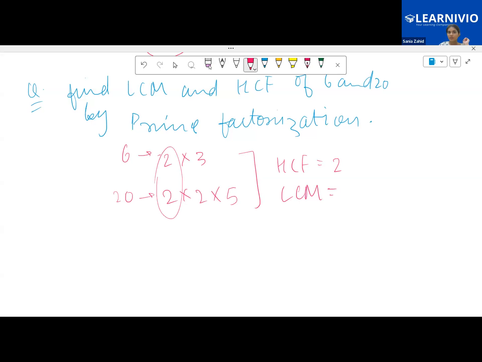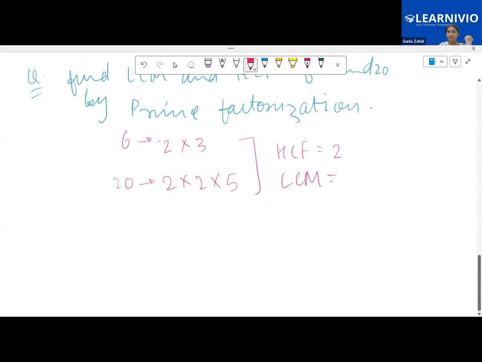But for HCF we took only one 2. Then why are you taking two 2s in LCM? Because that's the one being left over. No, for 20 we have 2 square into 5, right? Yeah.